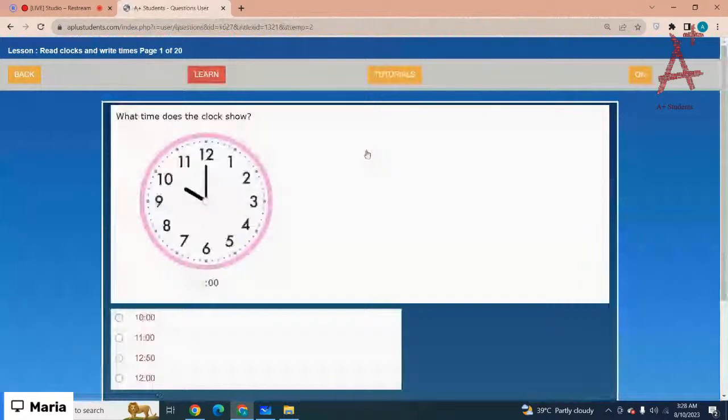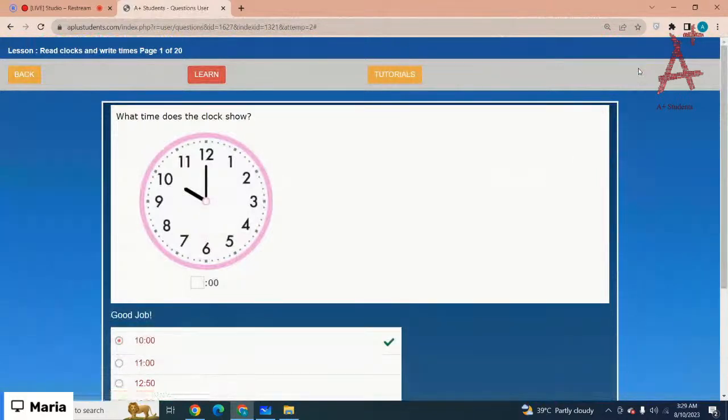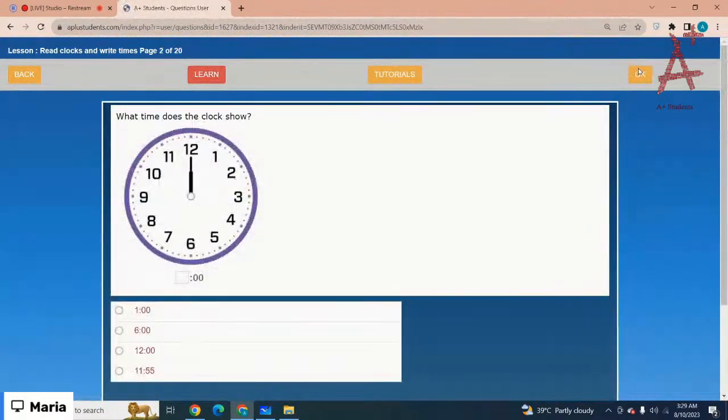Yes, it is 10. The correct option is 10. Okay, what time does the clock show? So which is the correct option?